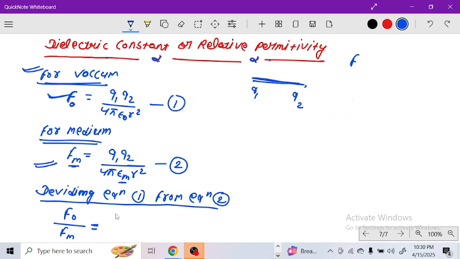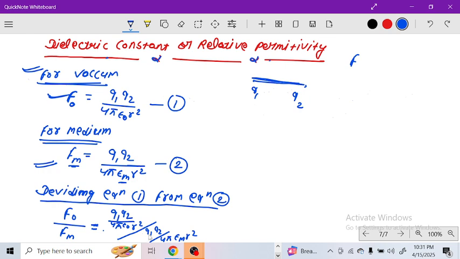Dividing equation 1 by equation 2, what will we get? What is the formula of F naught? Q1 Q2 by 4 pi epsilon naught r square. And the formula of Fm will be Q1 Q2 by 4 pi epsilon m r square.